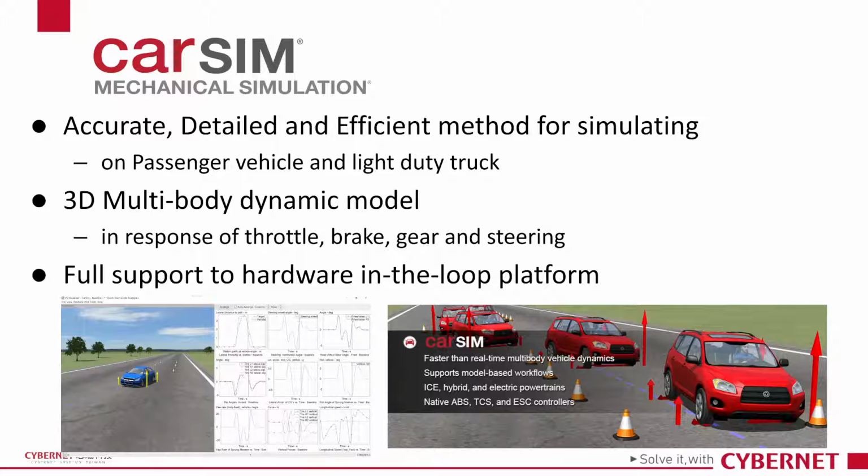Environmental conditions include a 3D ground road surface, as well as aerodynamic and wind effects. The modeling and simulating technology in CarSim is from something we call VehicleSim. We also have a VS Visualizer as part of VehicleSim to show videos of the run and also synchronize plotting.